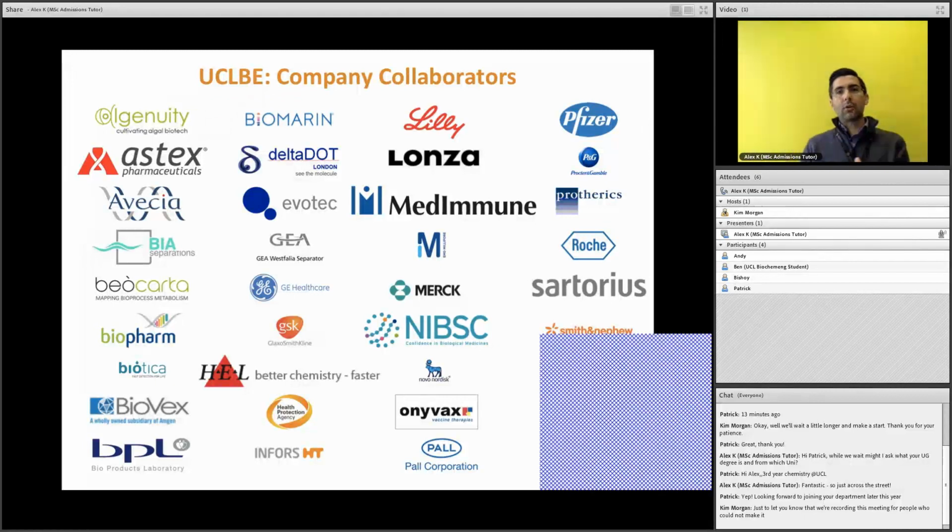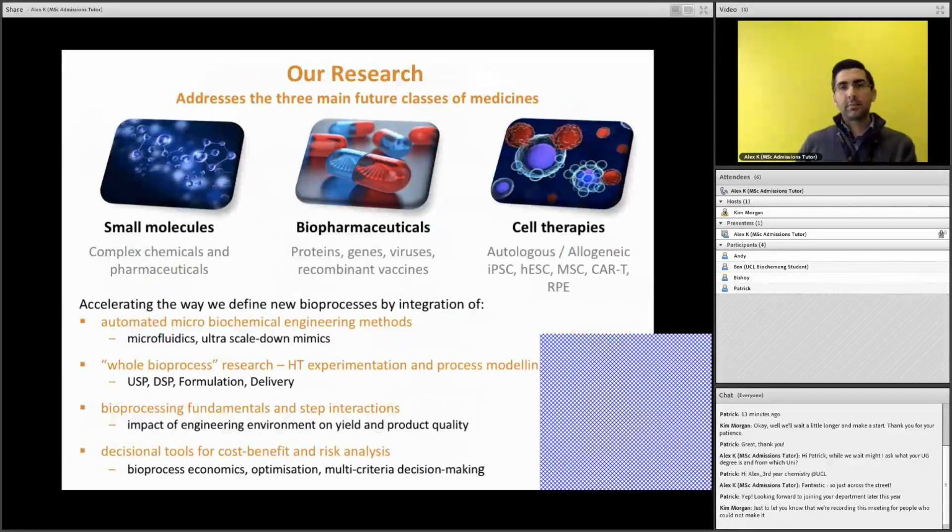We have our core pharmaceutical stream of research, which includes monoclonal antibodies, proteins in general, viruses and recombinant vaccines. And we have our cell and gene therapy research stream, which does CAR-T therapies and stem cell-based research.